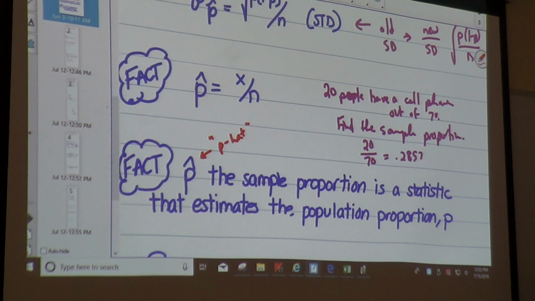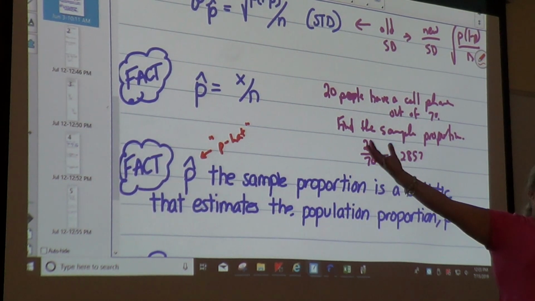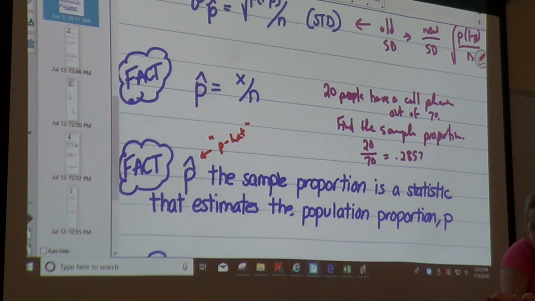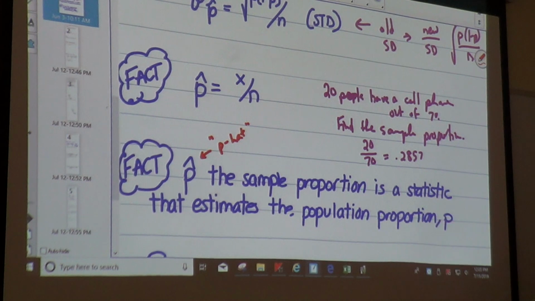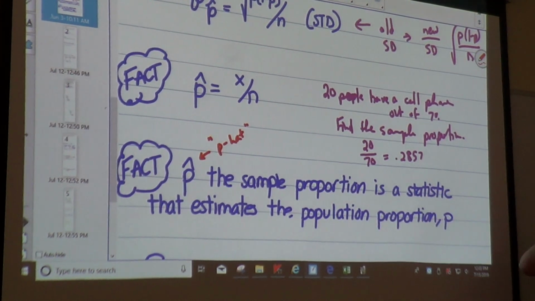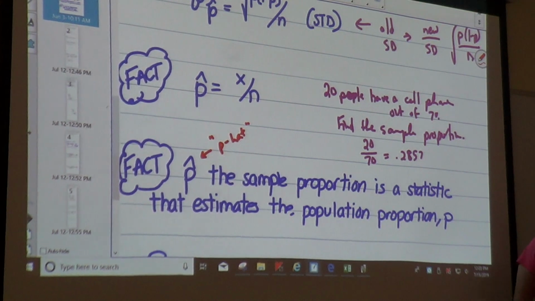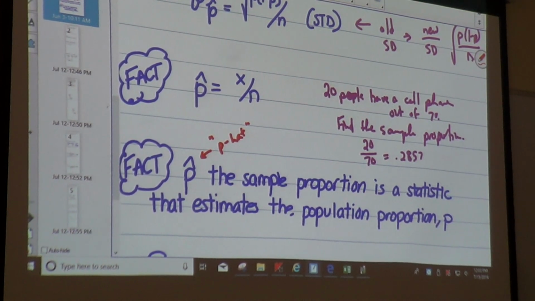And y'all, we're at the end of the semester, but we're talking about stuff that we did at the beginning of the semester: sample, population. So p hat is talking about my sample. p is talking about my population. It's a statistic about my sample. It's a parameter about my population. So p hat talks about the sample, and p talks about the population.